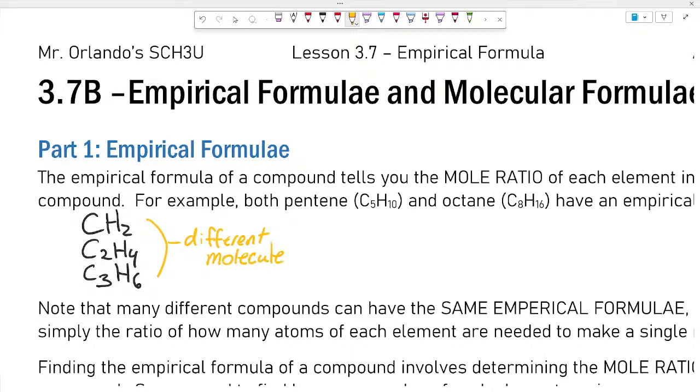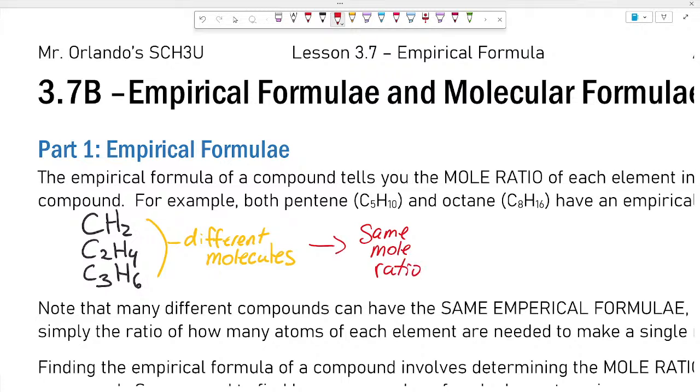In grade 12 chemistry, which I hope you'll all take, we'll learn a little bit about how we can anticipate the physical properties of compounds based on their formula like this, but these are all very different from one another. In fact, CH2 doesn't exist, but that doesn't matter. We'll get to that later. But what they all have is they have the same mole ratio.